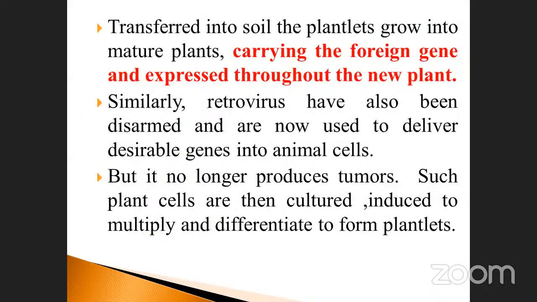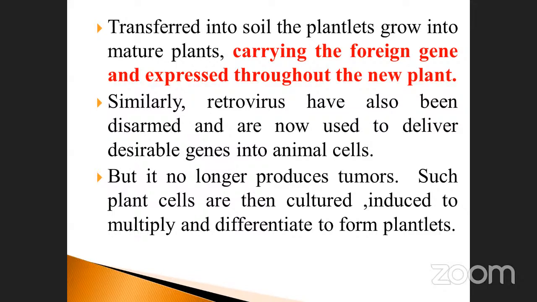This one is considered as the new plant, carrying the foreign gene, which is expressed throughout the new plant. Transfer into the soil, the plantlets grow into a mature plant. The plantlets means a young one, isn't it? In the test tubes, it has a young plant, otherwise called plantlets. It can be transferred to the soil. That process is called hardening, I told you.